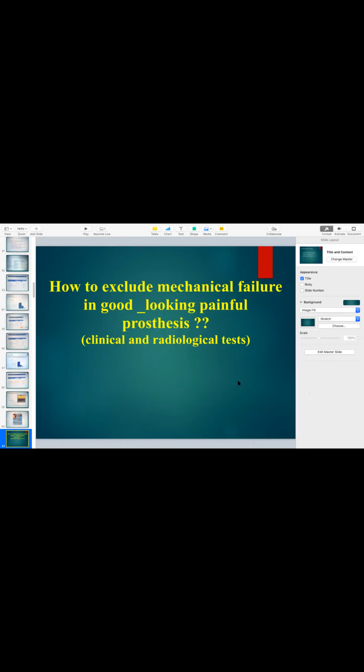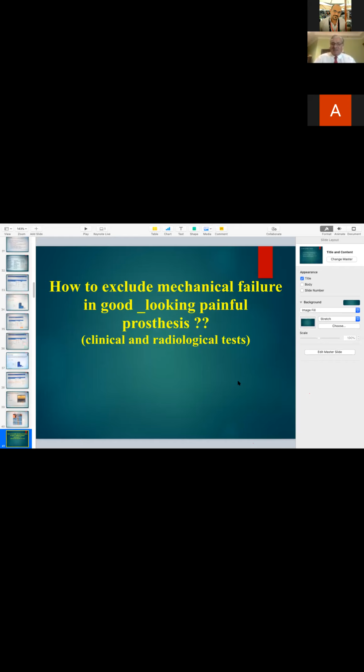So now we're talking about when everything is okay, perfect, and the opposite of infection, there is no infection. How can we exclude mechanical failure in a good-looking but painful prosthesis, a painful total knee replacement?